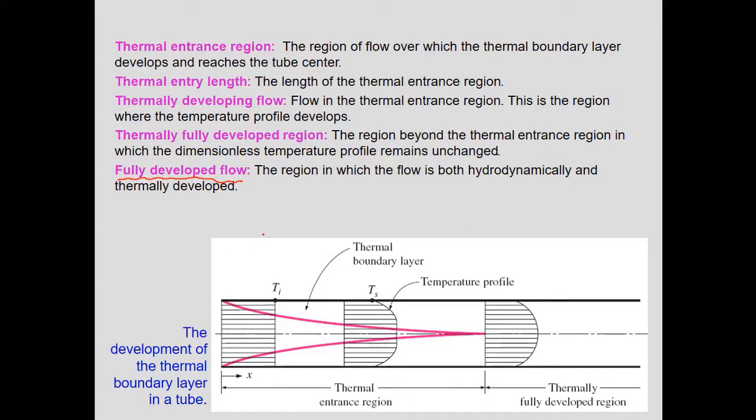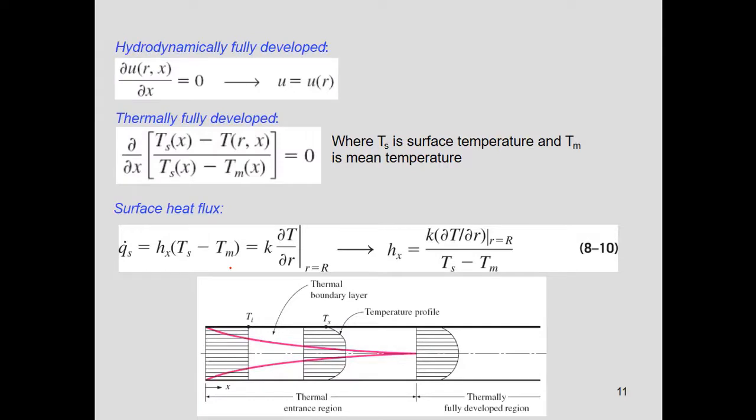So we call that fully developed flow when its temperature and velocity profile are not changing anymore. Why is it important? Because now we can use this definition to calculate the heat transfer actually.